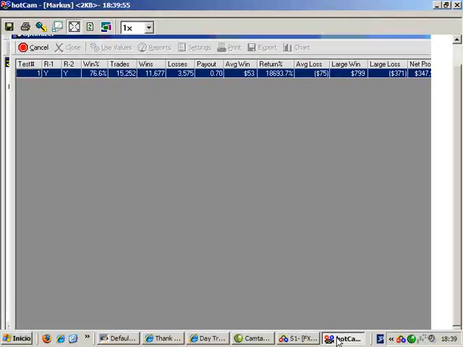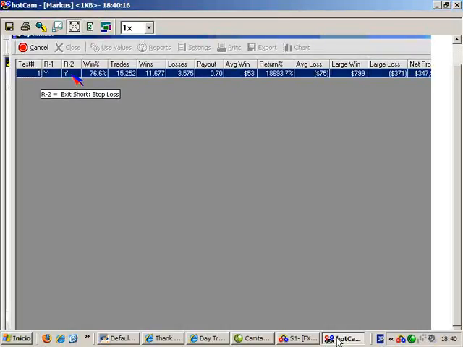So going through the 7 steps, we are now at 4, define exit signals. And you see the way how this works here. Actually, we want to apply rule number 1, which is the long exit, a stop loss, and apply an exit short stop loss.